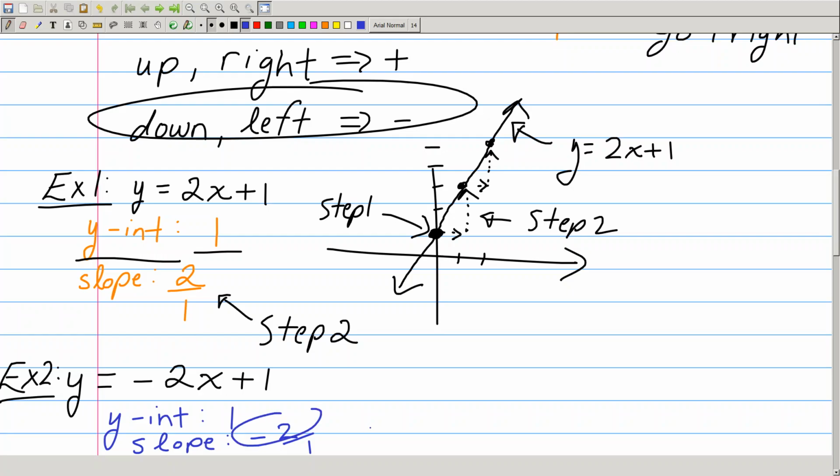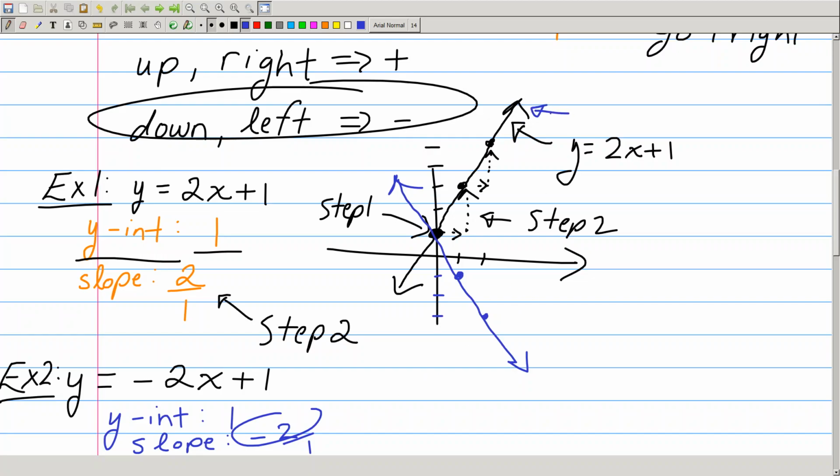Now, this means I don't go up 2, I go down 2. So I go down 1, 2, and 1 over. 1, 2, 1 over. And I connect. So the only difference with the negative is the direction of the line.